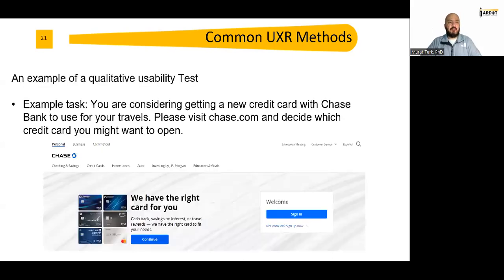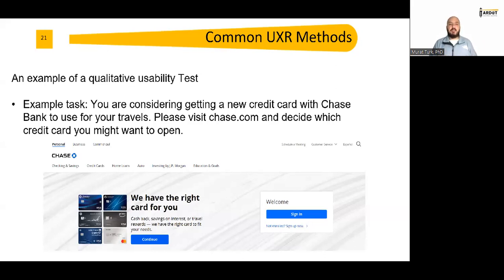So here is an example task that you can use in a qualitative usability test. For example, you have designed your qualitative usability test with a small sample size, like 5 people. And then one of the tasks that you give to these 5 people is this.